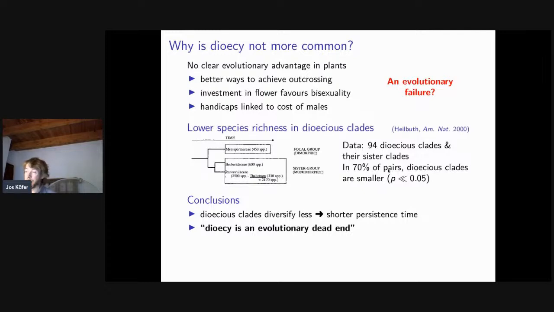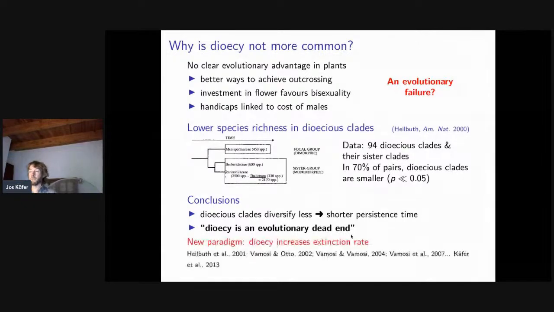It has inspired many people, not least because Jana Heilbuth, later Jana Vamosi, together with Sally Otto and others, set this new paradigm that dioecy increases the extinction rate through a series of theoretical and data analysis papers.